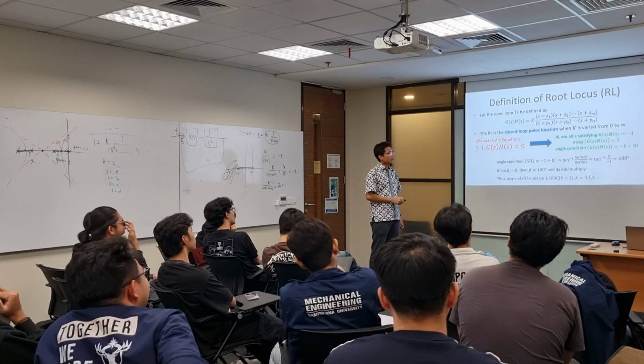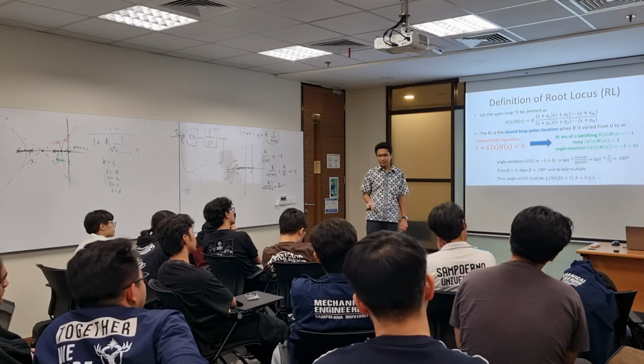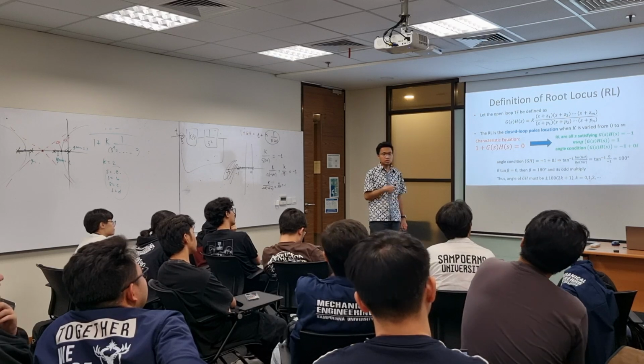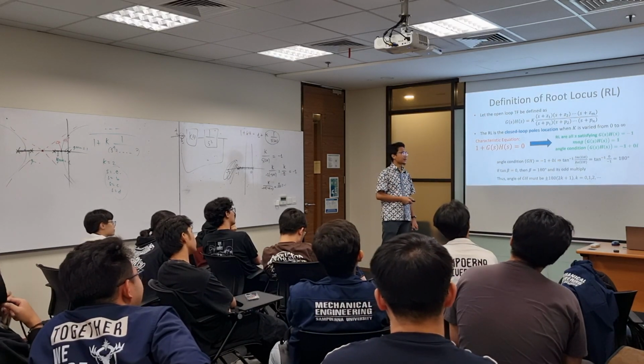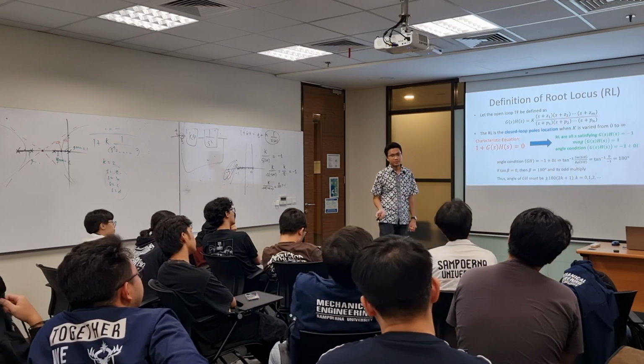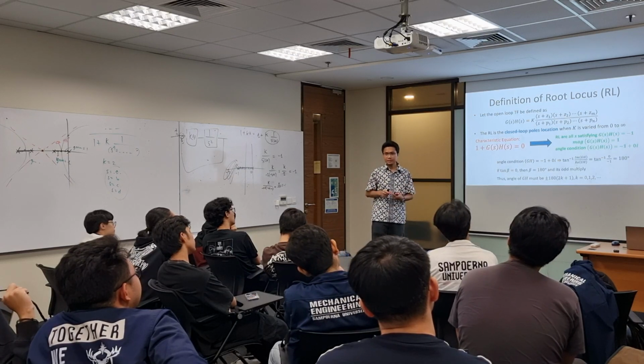We are saying that GH has to be -1. So the angle of GH must also be that of -1. The angle has to be that. Now, how do we get the angle of a transfer function?